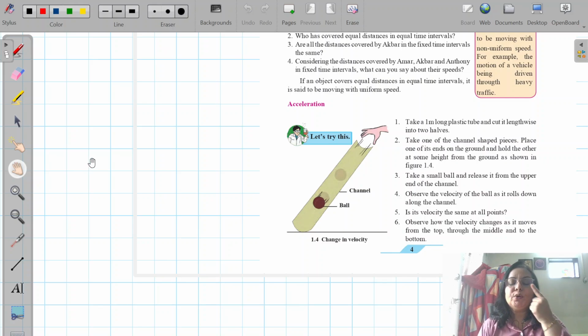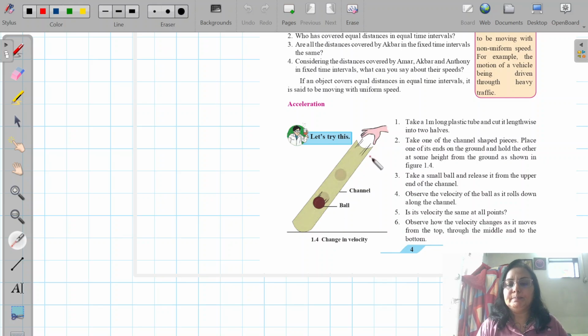Now, to understand acceleration, we take an example of a tube from where we drop a ball. We release a ball alongside the tube, and we see the tube is slanting in height.